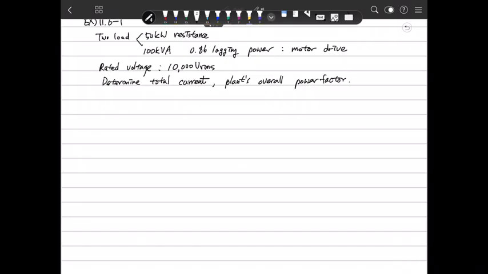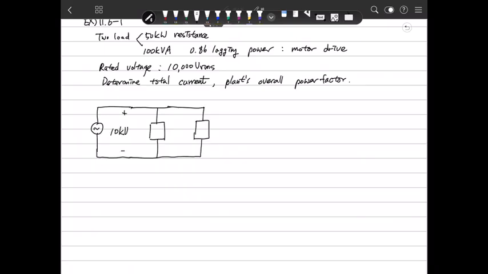So there is a source here, and the source voltage will be provided to the load. There are two loads here, one load and another load. The given voltage is 10 kilovolts RMS, and this is load 1, I mean this is G1, and this is G2.